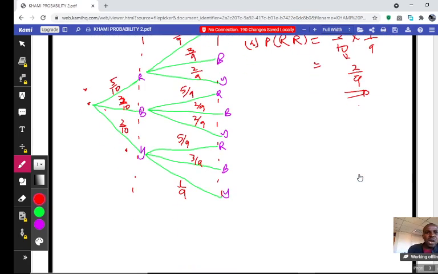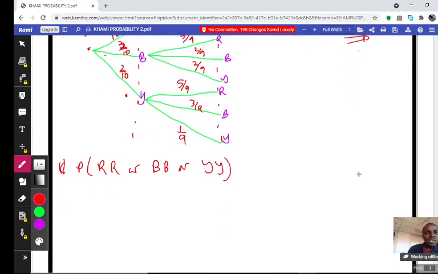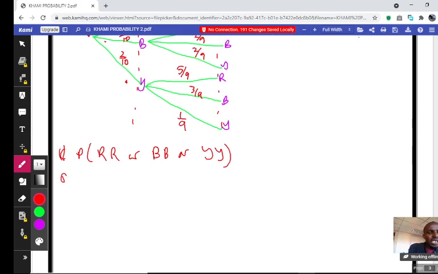So let me write the outcomes here: it's either the probability of red, or blue, or yellow. Then this can be simplified to probability of red plus probability of blue plus probability of yellow.